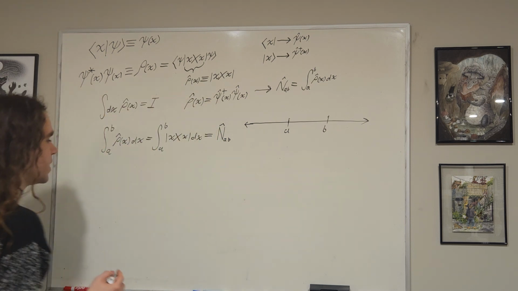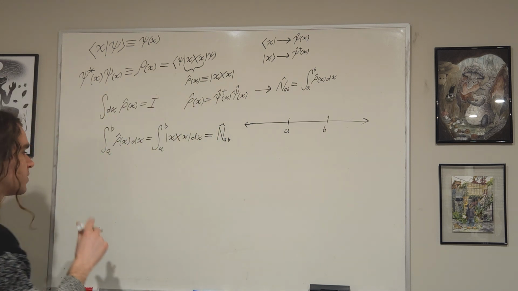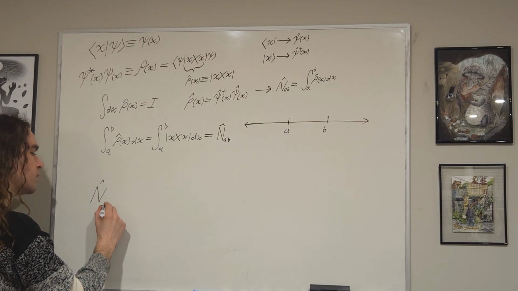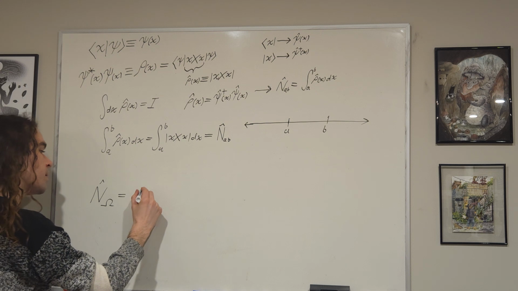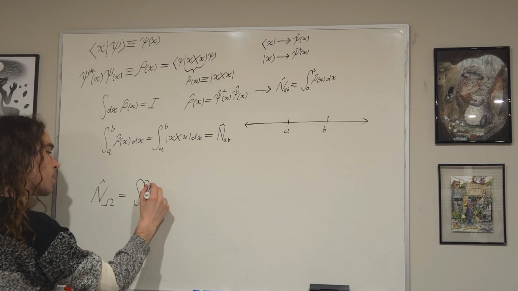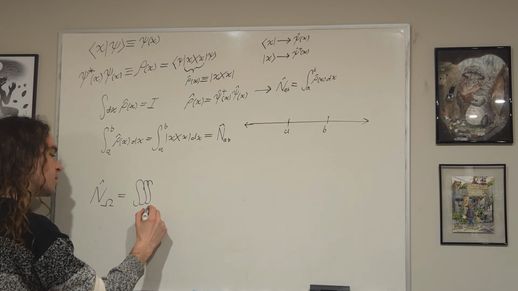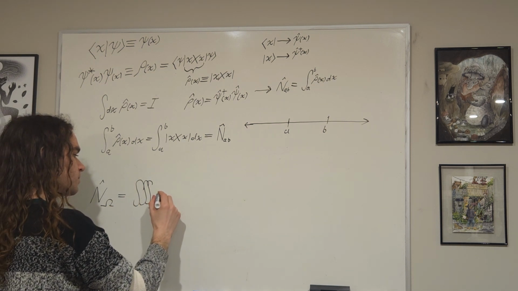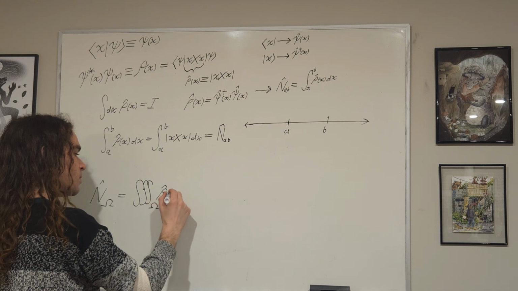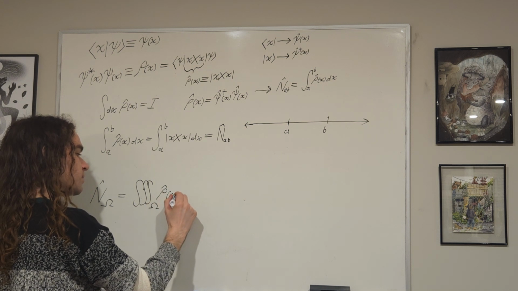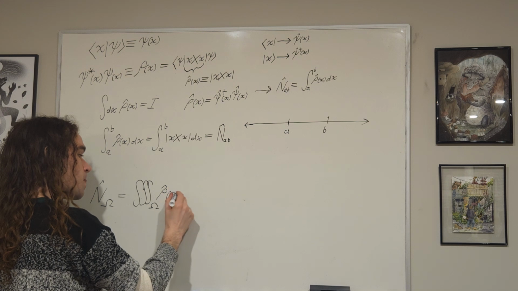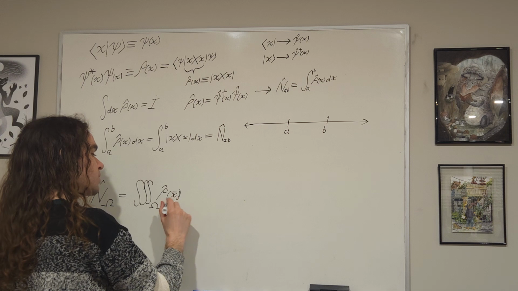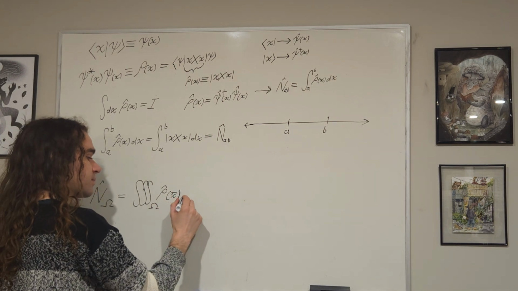If you're in more than one dimension, if you have some region omega, you could count the number of particles in the region omega by integrating, let's say in 3 dimensions, over omega the particle density, where x with the bar is just a vector hat, to show that this is 3 coordinates.